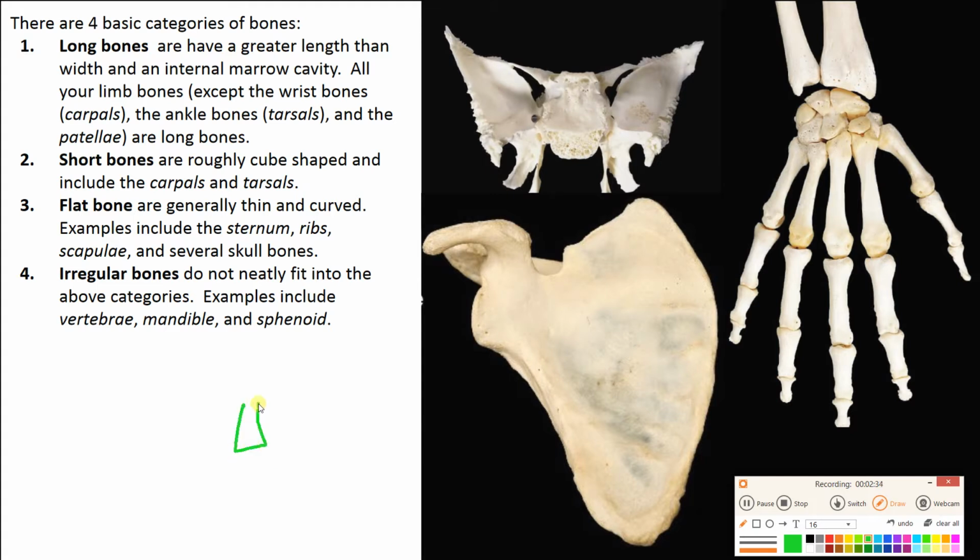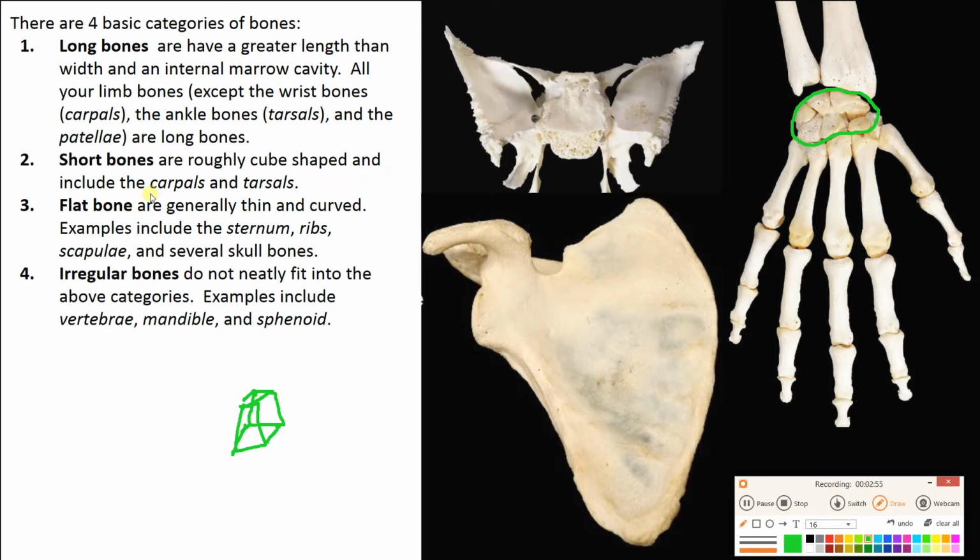Short bones are roughly shaped like a cube. Roughly shaped like a cube. And emphasis on the word rough right there. These guys right here, these are all short bones. These are carpals. They're all short bones.